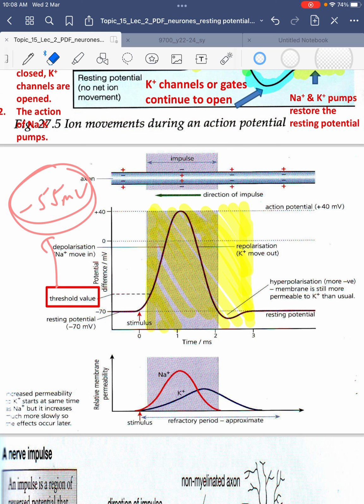So this is called the refractory period, this area here. We talk about this refractory period in a moment.